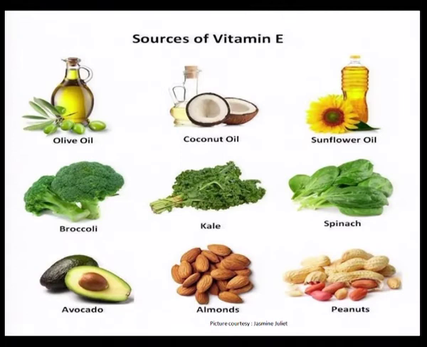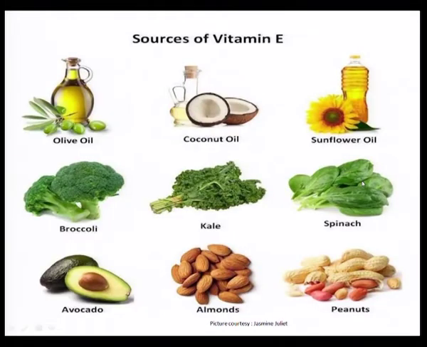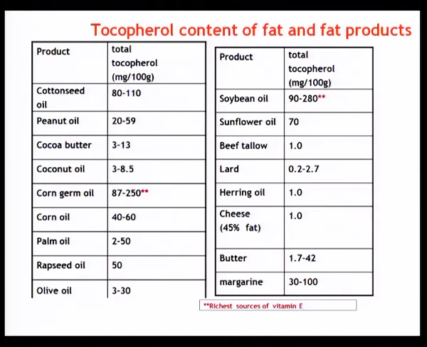The unsaponified version of wheat germ oil is rich in vitamin E, and almond is a good source. We have also seen the daily requirements and the vegetarian plant sources, and again the animal sources of tocopherol.